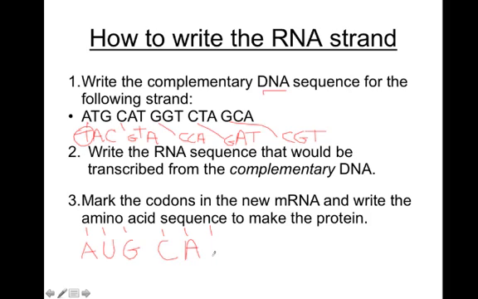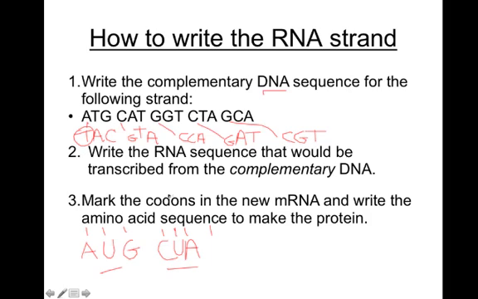and T, I'm sorry, I made a mistake. In between here, A is going to pair with U. Okay, so those are the first two strands, AUG and CUA. So you could continue out. Remember, each one of these three groups is called a codon.